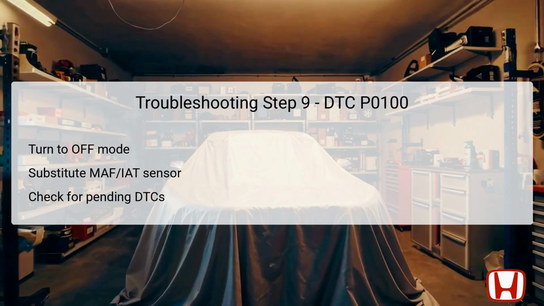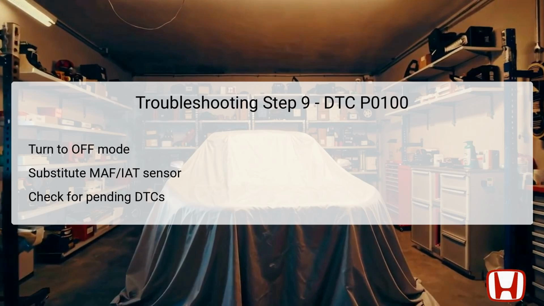This step acts as a practical test to determine whether the sensor itself is leading to the DTC P0100 error. After this replacement, it's essential to reconnect all previously disconnected connectors and exit the SCS mode utilizing the HDS. Then, turn the ignition back to the on position and clear any DTCs using the HDS.